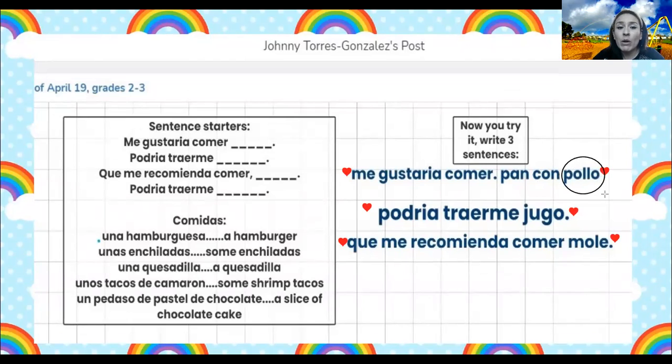The food unit before, we learned pollo, jugo, and we even learned about mole. So that was really cool. He didn't want to use these right here. That's okay. He used the ones that he remembered from other assignments. So he wrote, me gustaría comer pan con pollo. Podría traerme jugo. ¿Qué me recomienda comer? ¿Mole? Muy bien, Johnny.